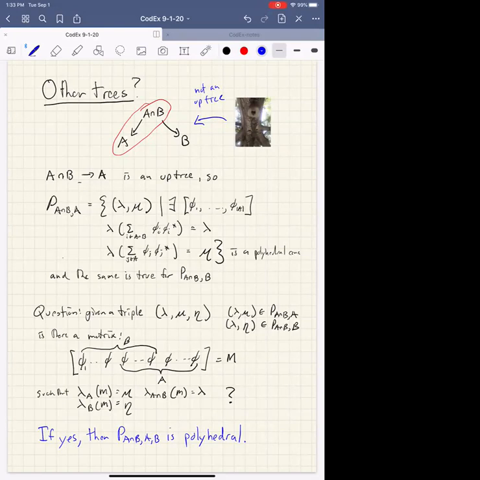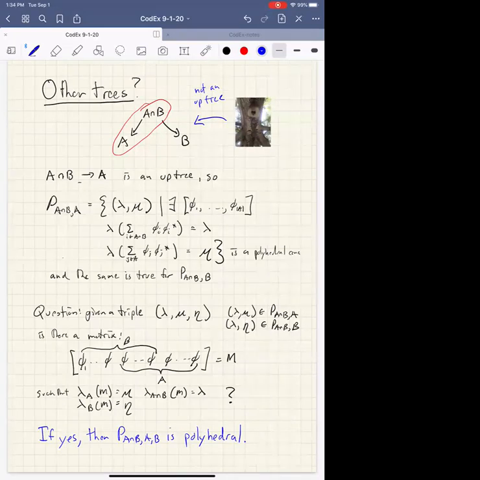And so the question is, if we're given a triple, lambda, mu, and eta, where (lambda, mu) is in P_{A intersect B, A}, and (lambda, eta) is in P_{A intersect B, B}, can we design a matrix where the A spectrum is mu, the B spectrum is eta, and the A intersect B spectrum is lambda? That's the question.